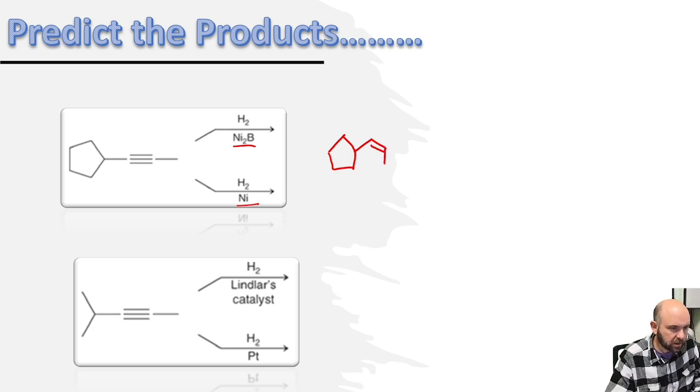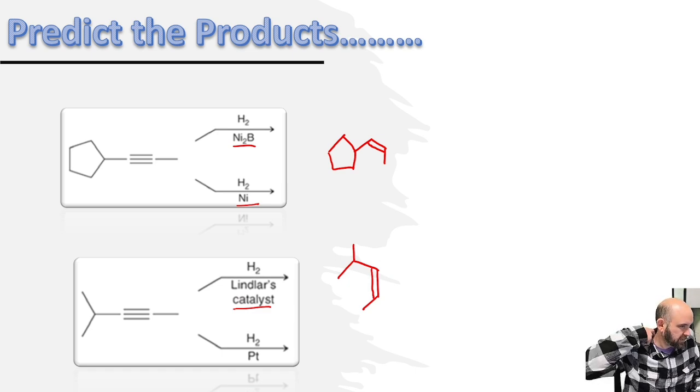And when we have alkene products from poison catalysts, that is going to be a cis alkene product, not a trans alkene product. The third example down here also says Lindlar catalyst, which will also stop at the alkene designation. It will also be a cis alkene, so that would be the product of that reaction.